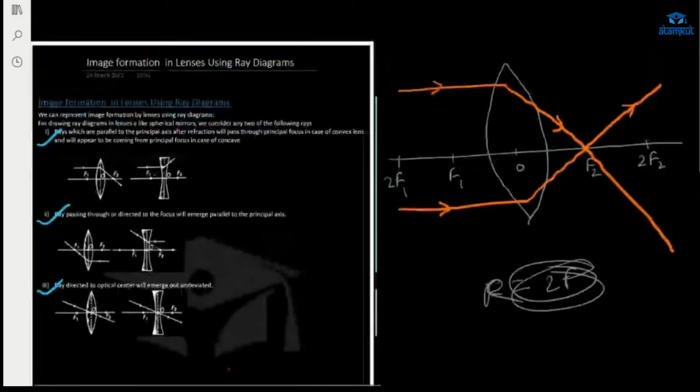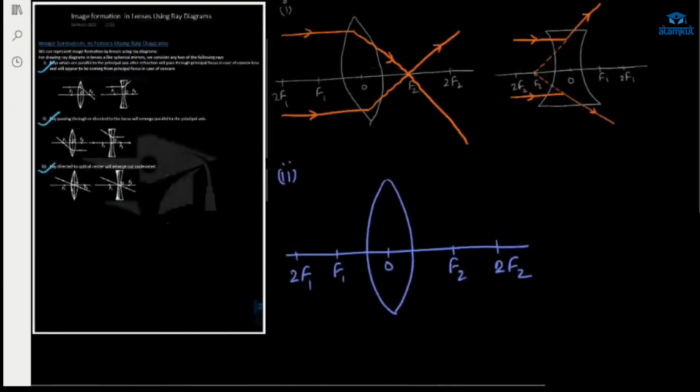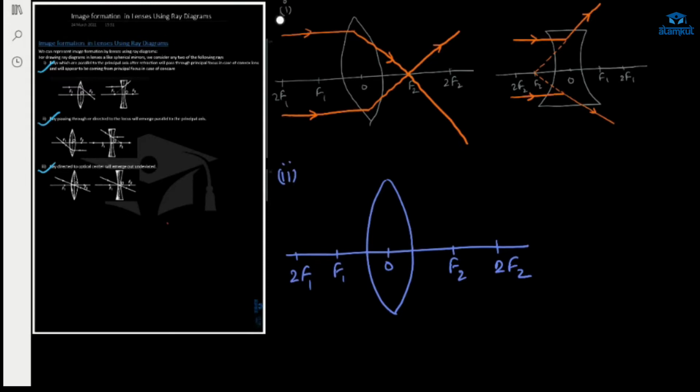Okay. Second ray. This is your first. Now second. The ray that is passing through the focus of the lens, after refraction, what does it do? It goes parallel to the principal axis, just same as that of the mirror.